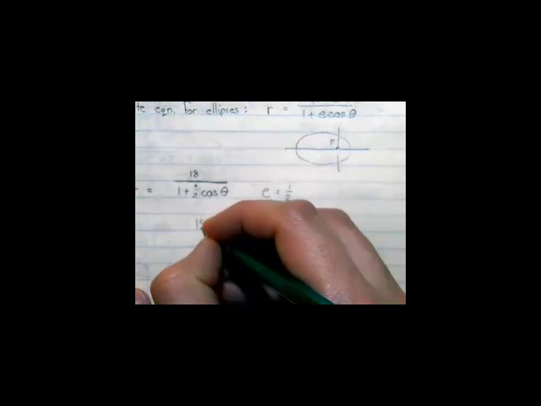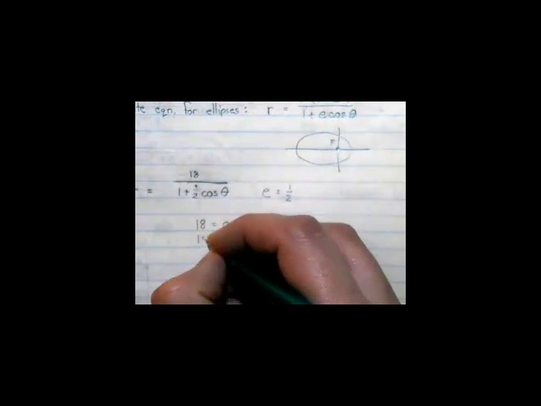So we have verified that, yes, it is an ellipse, right? Which means we're allowed to use that equation that I gave you up there. Okay? So this 18 is equal to A times 1 minus E squared. Because I already know the eccentricity, I know how to find A, right?